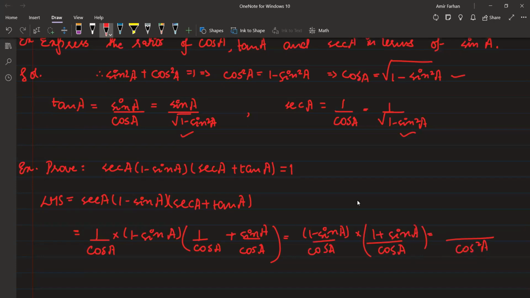Now tell me what formula this is. It's an identity presented in a very simple manner.